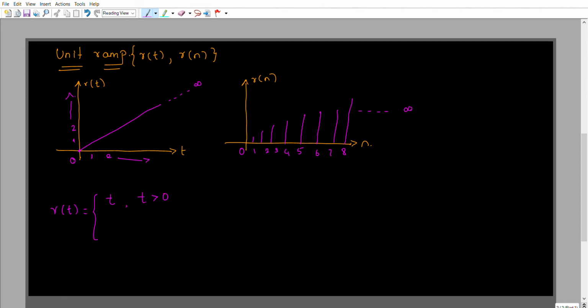At 0 the amplitude is 0, so there is no need to mention equal to. Or you can also say it is 0 when t is less than or equal to 0. Next, r of n is n for n greater than 0 and 0 for n less than or equal to 0.